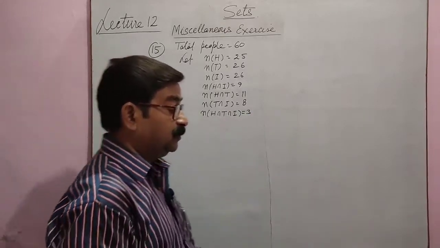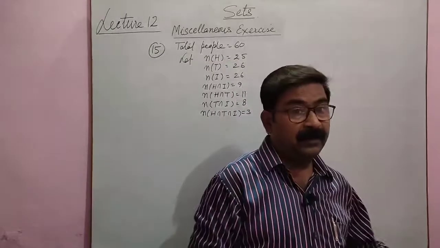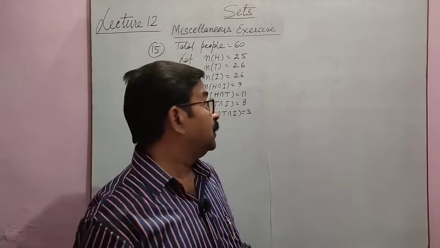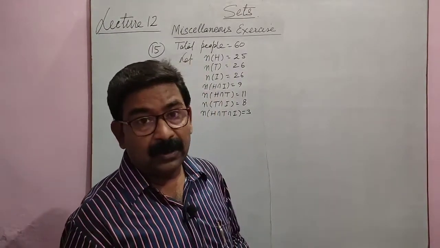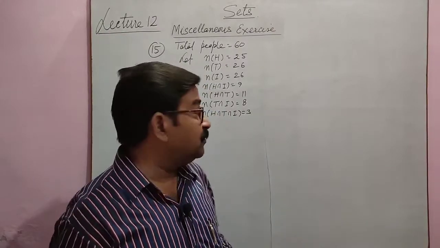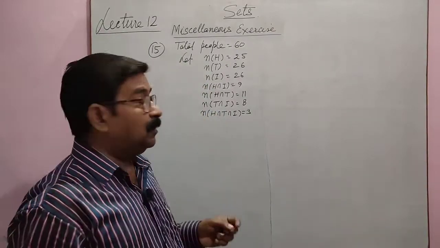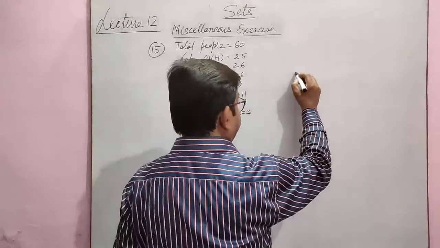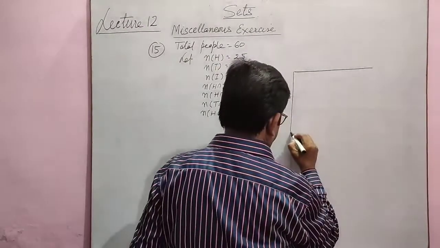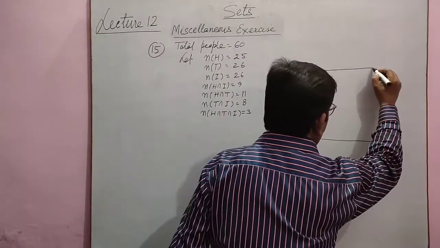All are given. Now we have to find the union of all sets. For the union of all sets, you can use the formula, or the best way is to draw the Venn diagram. See, I am drawing the Venn diagram. See how to solve by Venn diagram.